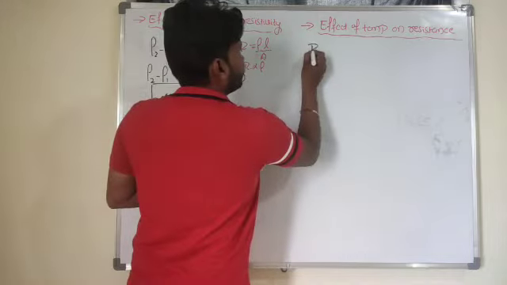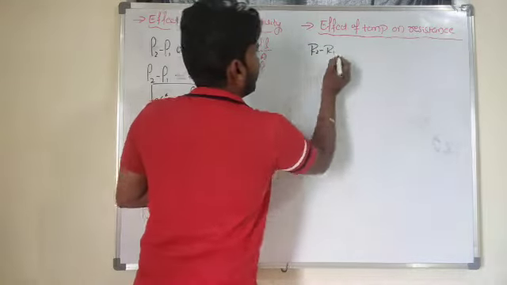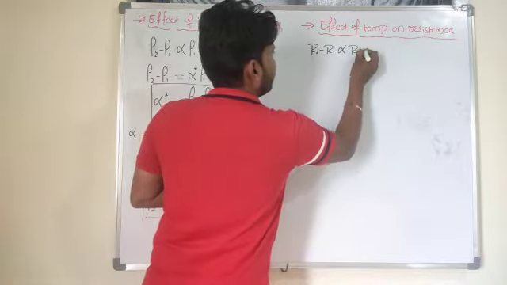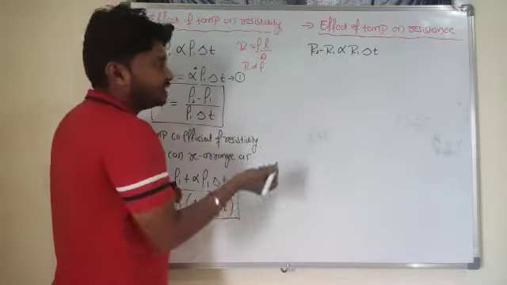Change in resistance, R2 minus R1, is directly proportional to original resistance and rise in temperature.